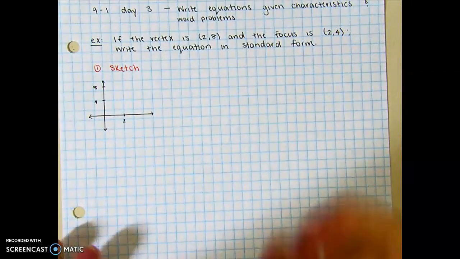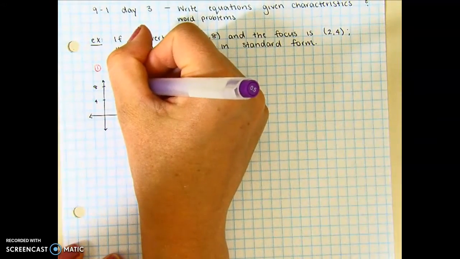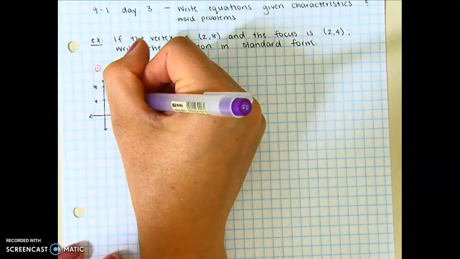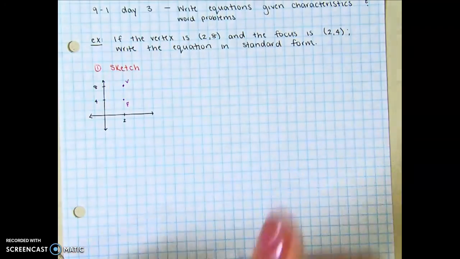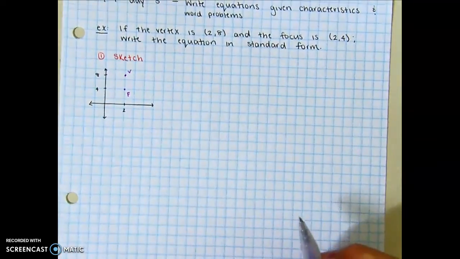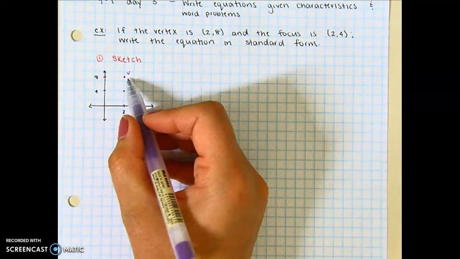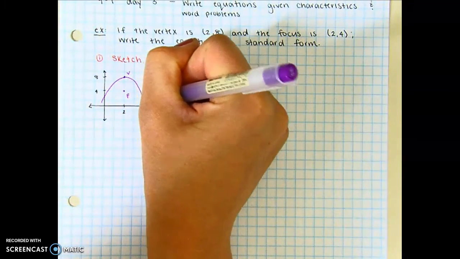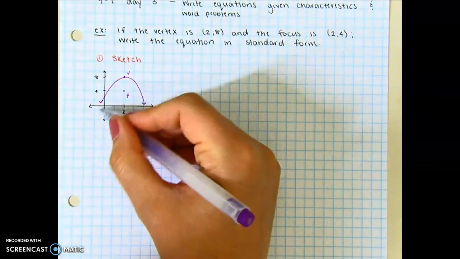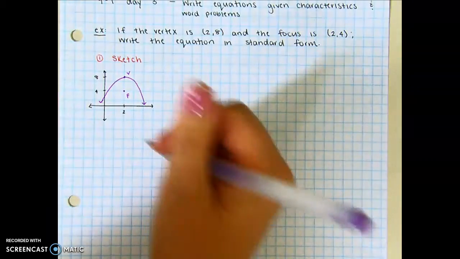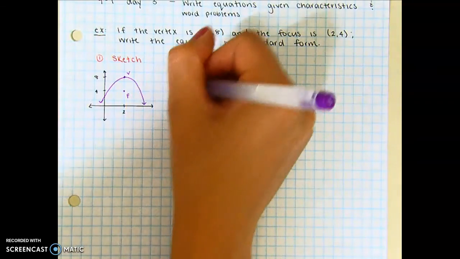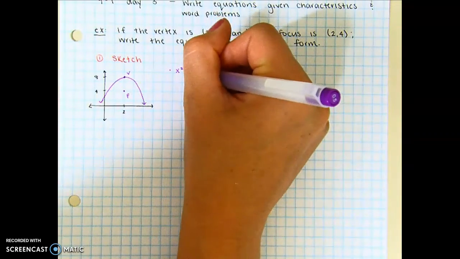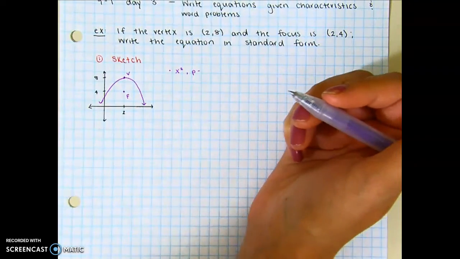So now I'm going to label what we know. We know the vertex is at (2, 8), so that would be here. The focus is at (2, 4). Now that is all we need to know. We can figure out everything else. If the focus is here and the vertex is here, I know this has to be x squared, right? Because the focus is always inside that parabola. So that means that this is x squared. It also means that our p-value is negative.